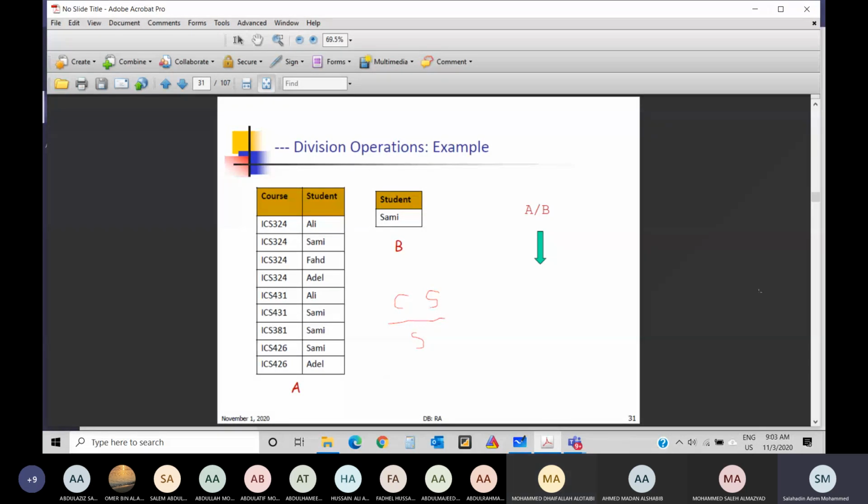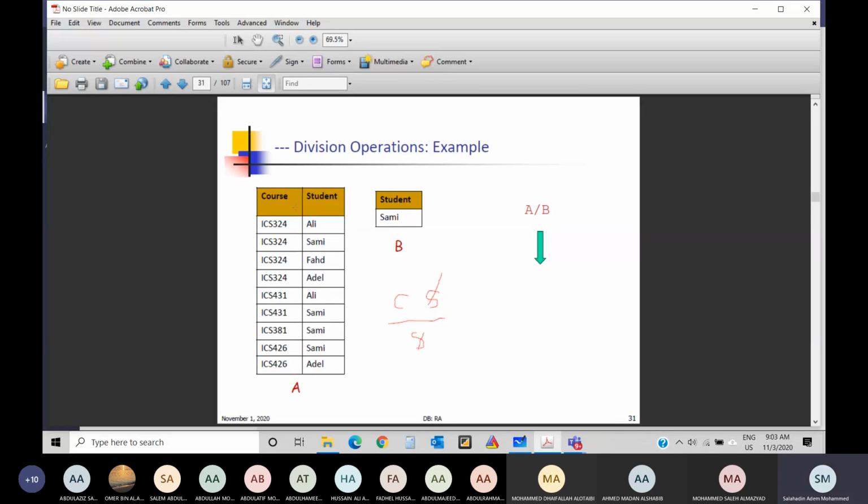Very good. What about the output? The output will contain only those columns which are in A but not in B. So which column is in A but not in B? Student is common, so course. I'm not talking about the values, I'm talking about the columns here.